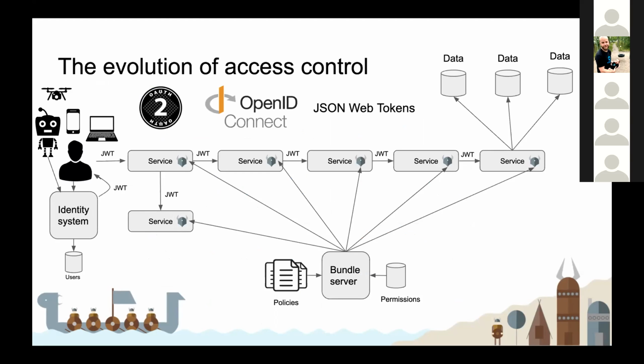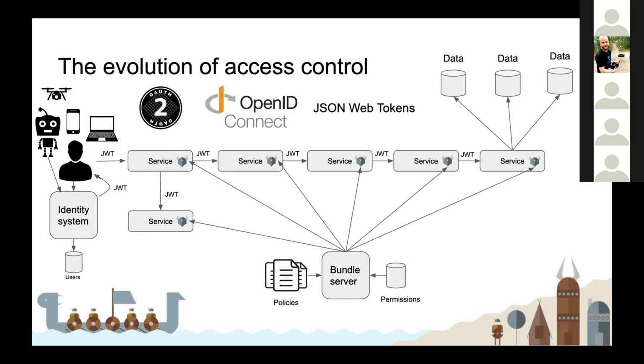Okay, so we're redrawing the map of access control here, and we will now see that for each of these services we add an OPA, and these OPAs are all connected to a bundle server, where we store policies and where we store data.